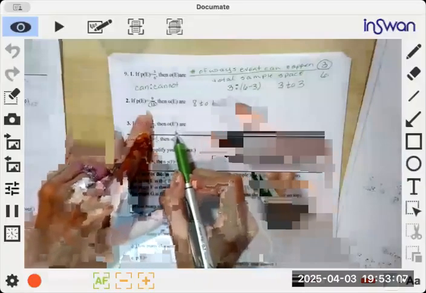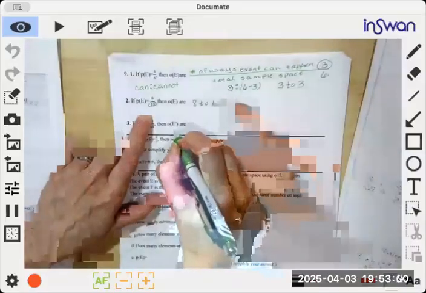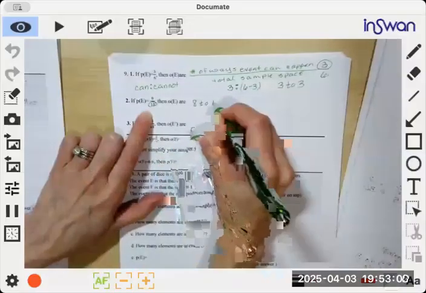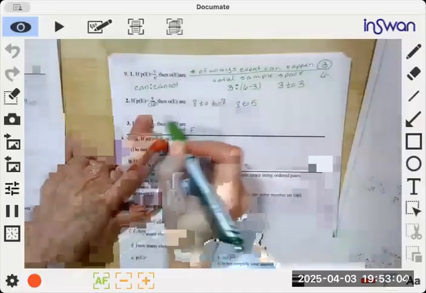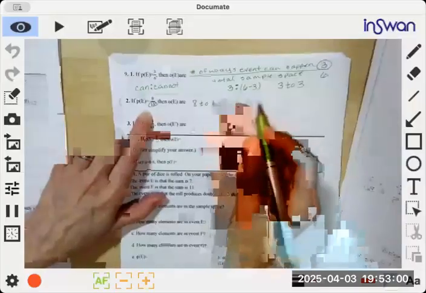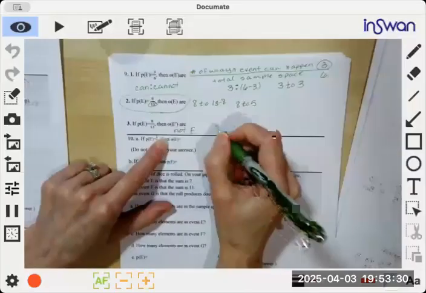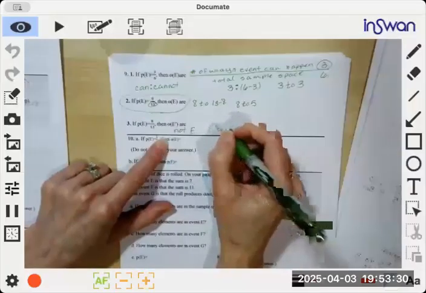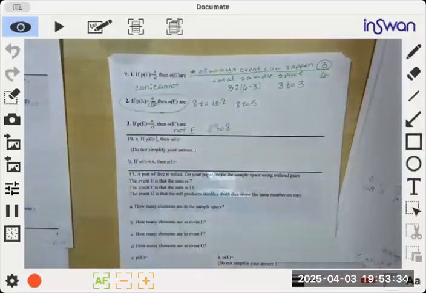Now it's asking for the E complement. So it's asking for not E, which would just be the opposite of E. So instead of 8 to 5, it's 5 to 8.